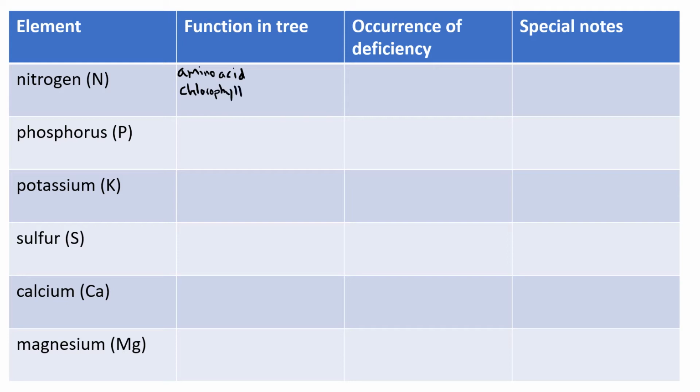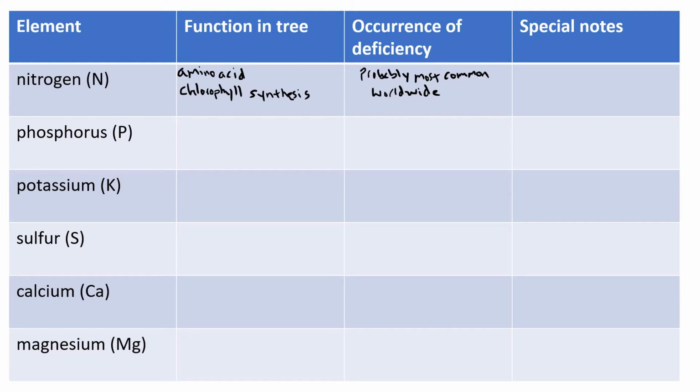It's not necessarily a big component of chlorophyll, but it's important for the synthesis or the construction of chlorophyll. Deficiency: nitrogen is probably the most common deficiency worldwide, both for crops and for forest trees. So nitrogen deficiency is very common in both crop plants and in forest trees.